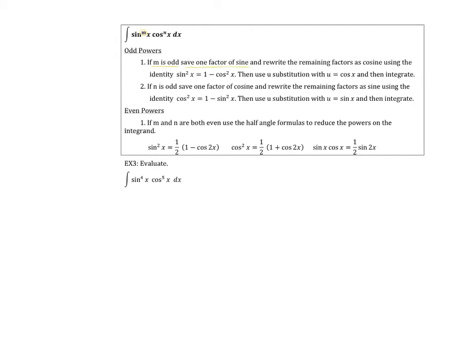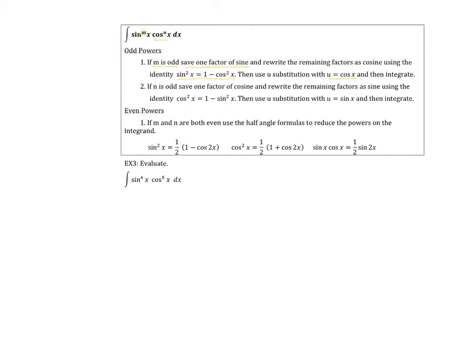The remaining factors of sine will be even, and we can replace them with 1 minus cosine squared. So in the integrand, I'll have one factor of sine, but then I'll have cosine, and I'll have 1 minus cosine squared. So everything will be written in terms of cosine except that one factor of sine that I pulled out. But then when we do our u substitution of cosine of x, then we'll have our sine of x dx cancel, right, and be replaced with a du.